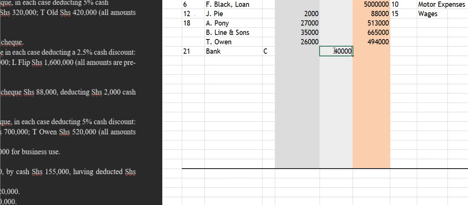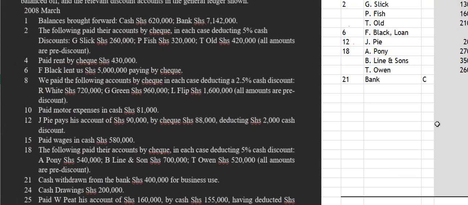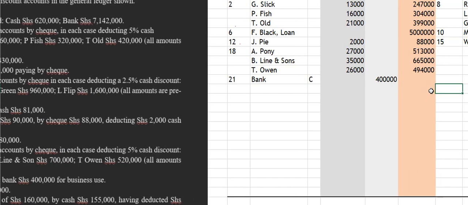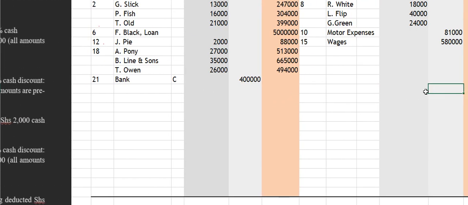Cash increased by 400,000. But at the same time, I have to show the credit entry on the credit side of the cash book. This is on 21st. So here we write cash.